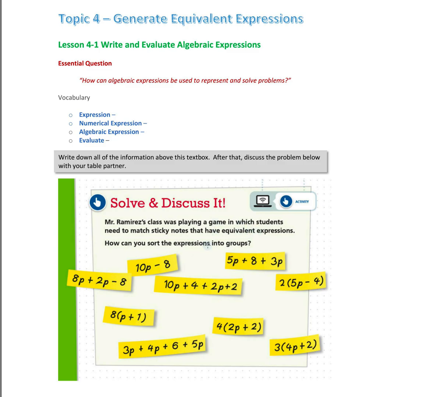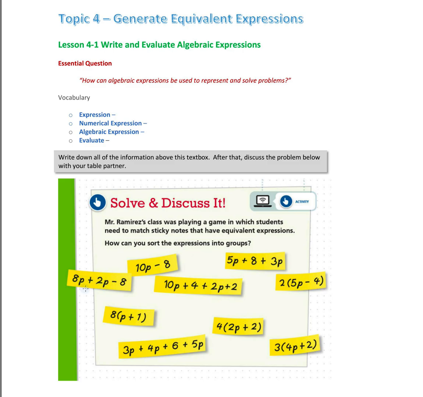If we take a look at, let's say, this one on the far left, it says 8p plus 2p minus 8. The terms that have p's in them can be combined, and that's one of our lessons we'll be dealing with. If you think of them as actual objects, this is like 8 pizzas plus 2 pizzas.